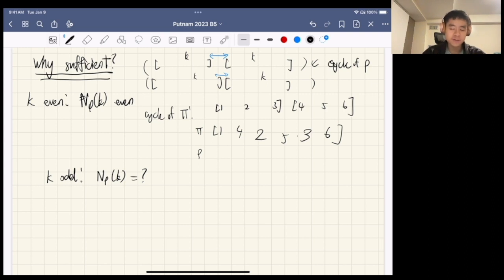It's just that you have to repermute the numbers again. So let's say what I mean is that let's say you have a cycle of pi. Okay, I will say retain but shuffle. Let's say it is 1, 2, 3, 4, and 5. Now the length is 5.